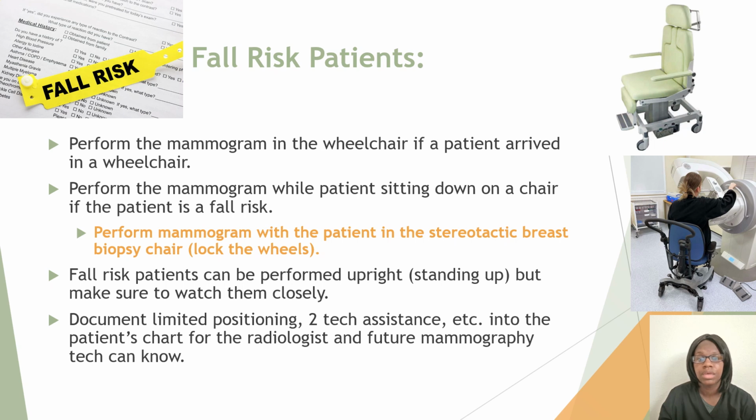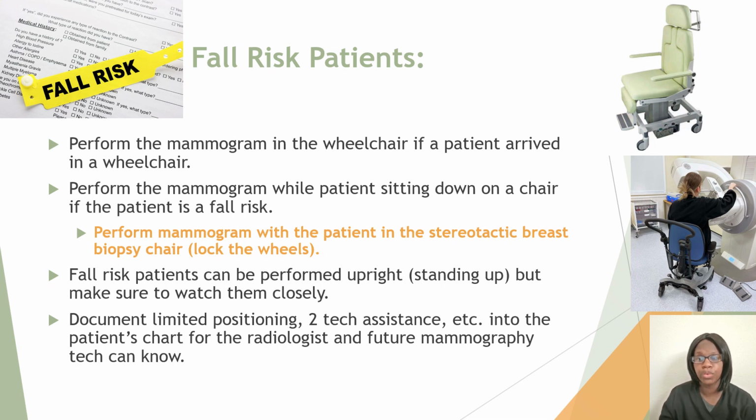And we know that getting a mammogram image standing upright is the best, but you don't want to jeopardize your patient's safety and increase your patient's risk of falling. So go grab another tech, if another tech is not available because you're working by yourself, or for whatever reason you just have to do it by yourself, I made a video about this as well, on how to position special patients. It's in my playlist.